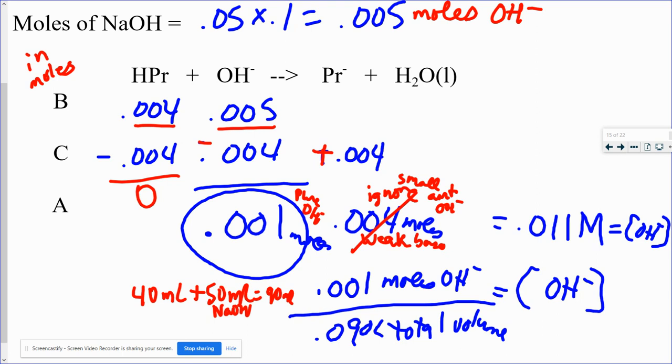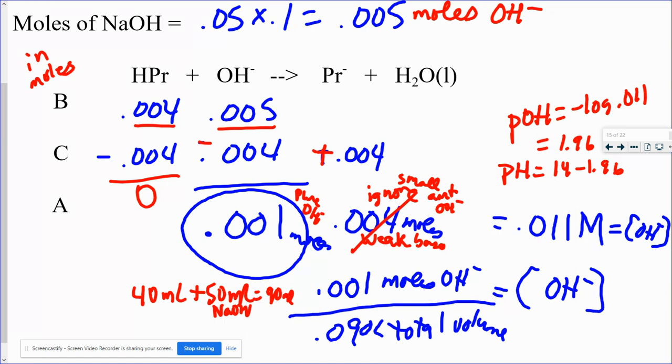So now I will find the pOH, which is minus the log of 0.011, and that is, calculator, log of 0.011. That is 1.96. So that means the pH is 14 minus that. So the pH is 12.04. That's a 12. Okay, and that is the end of our titration then.